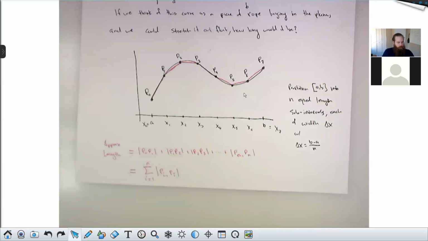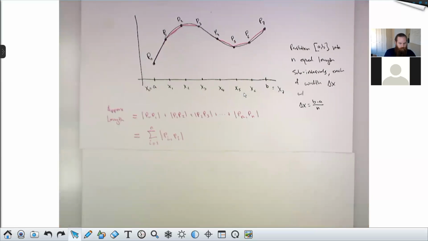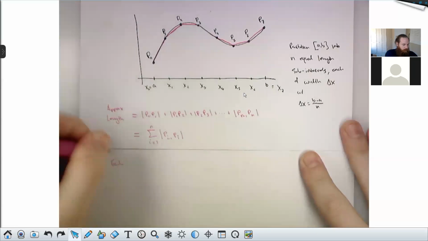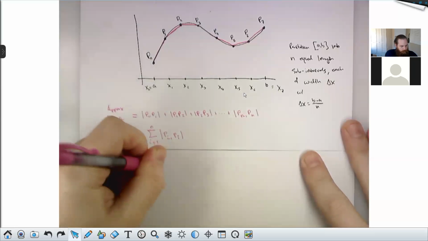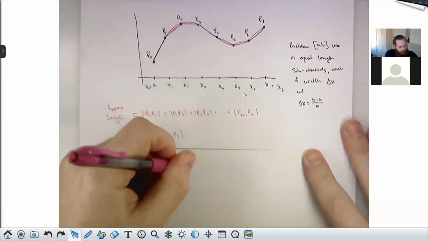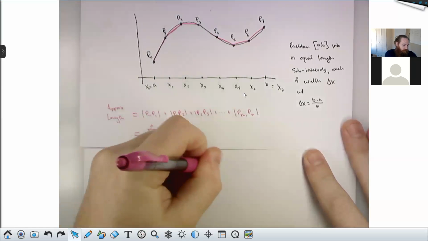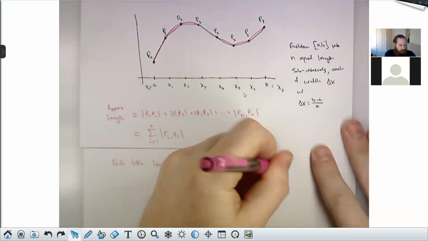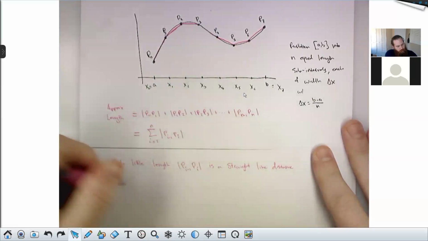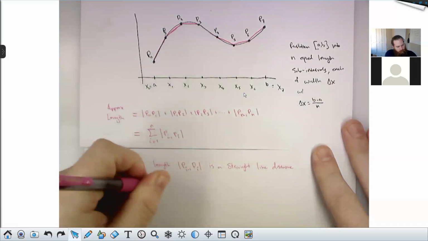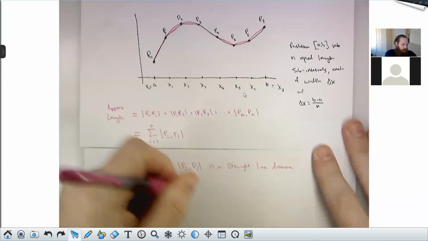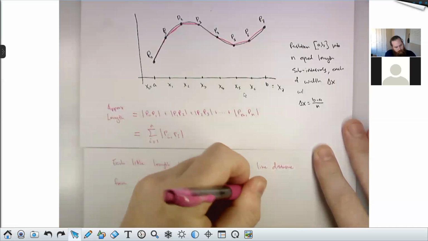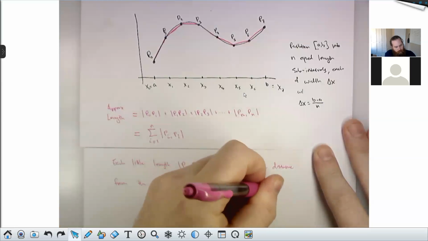So each little length p sub i minus 1 to p sub i is a straight line distance from the point x sub i minus 1, f of x sub i minus 1 to x sub i, f of x sub i.